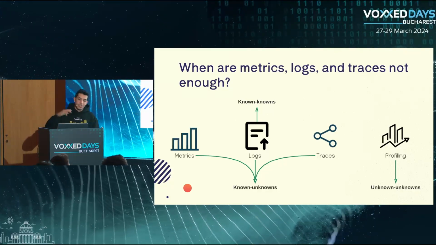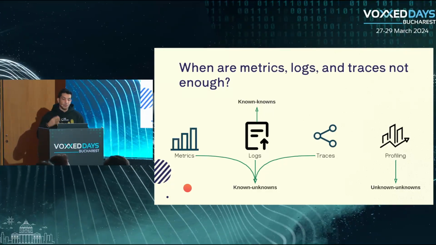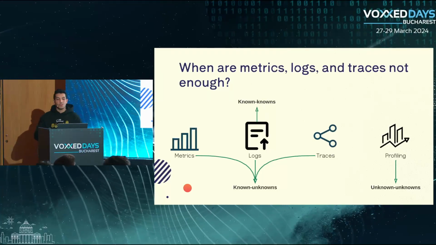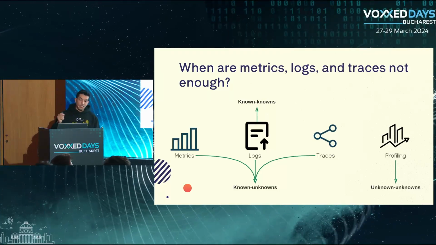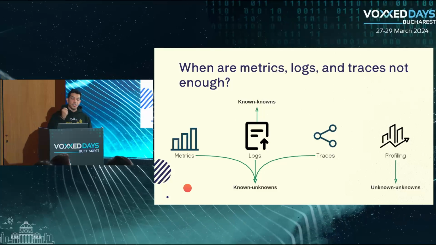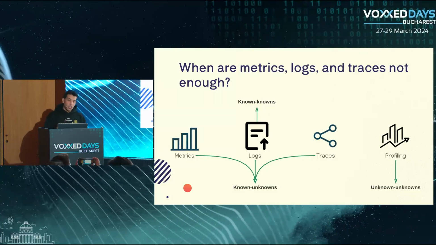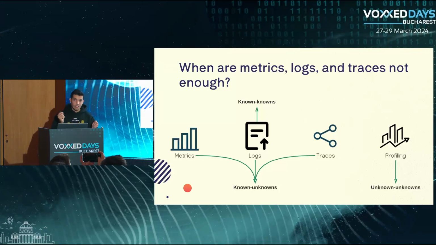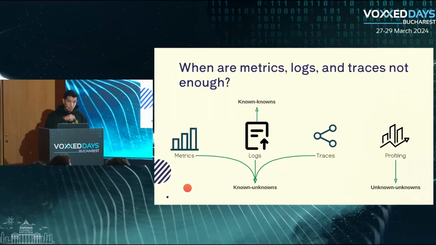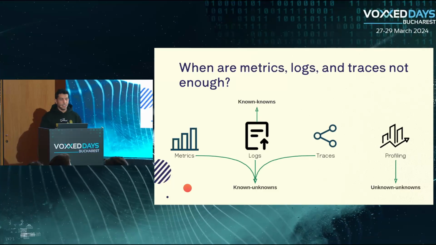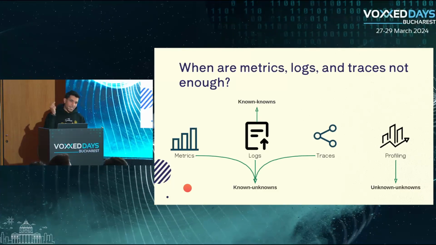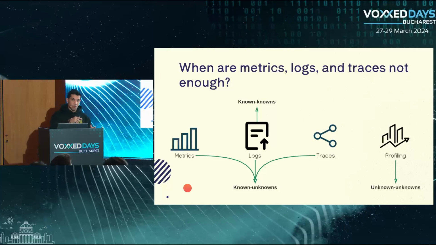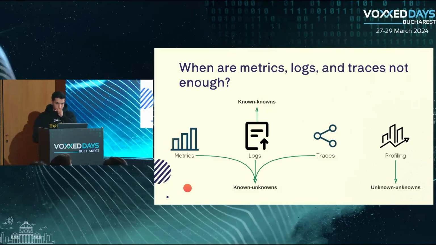So I mentioned that we use metrics, logs, and traces to understand the Johari framework, right? But they just answer the known knowns and known unknowns. Logs excel in understanding known knowns. If a null pointer is happening, you can go to the logs, check the stack trace, and understand where the null pointer happened.